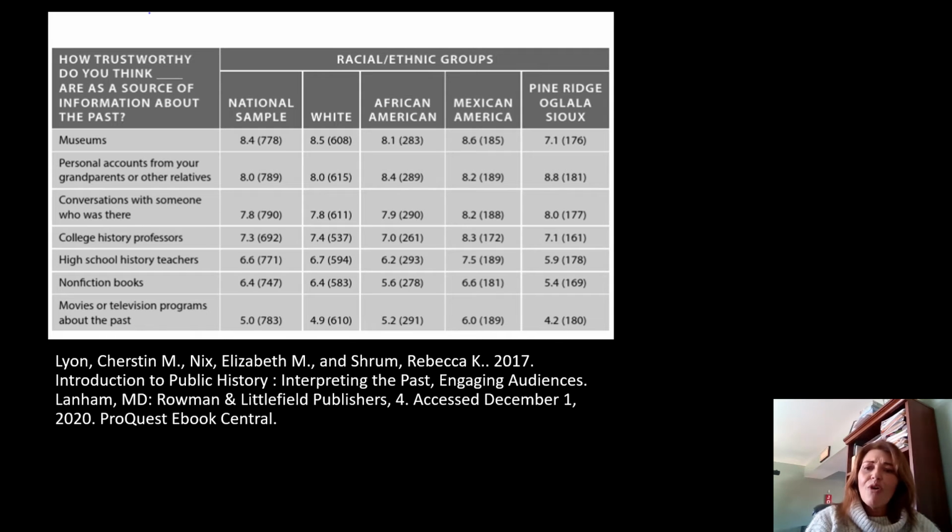So when I read this chart and really started thinking about it, the first thing that occurred to me was that when you go into a museum, you do not know the docent or the historian or the guide who is walking you through and providing historical background and knowledge and information to you as you journey through the museum.